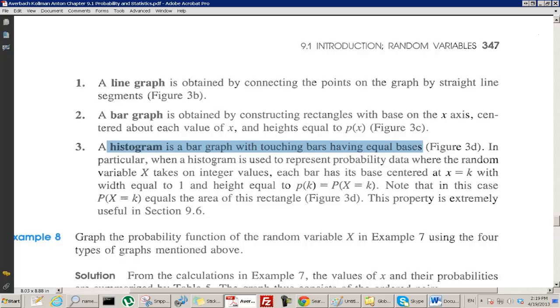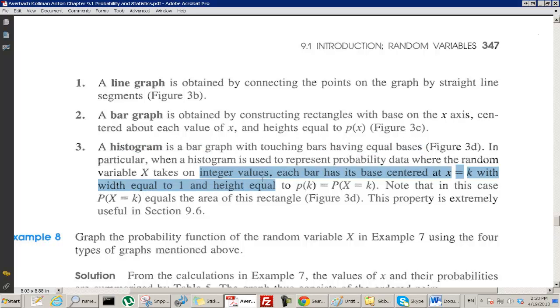In particular, when a histogram is used to represent probability data where the random variable x takes on integer values, what does that mean?